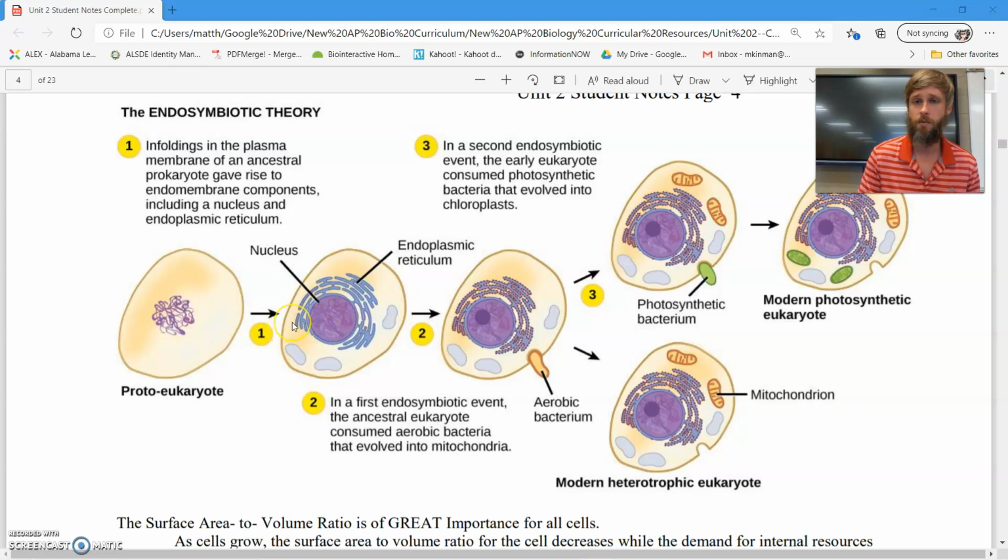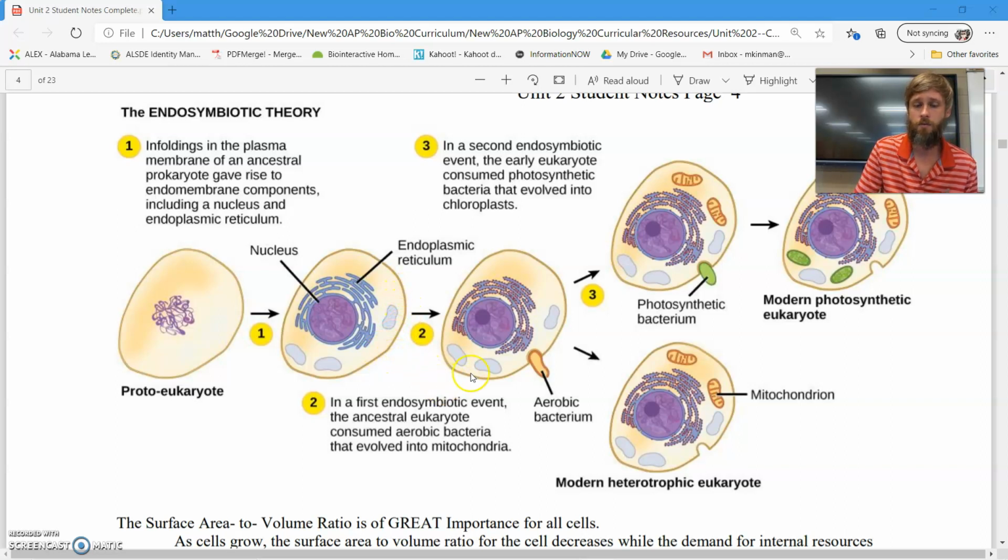That is not represented in this diagram, but make sure you understand millions of years is thought to have occurred before all of these events happened. Eventually, the proto-eukaryotes formed a nucleus, becoming more like the eukaryotes we see today, forming an endoplasmic reticulum. And if we actually look at the structure of the membranes of these parts, the structure is actually just like, for the most part, the cell membrane.